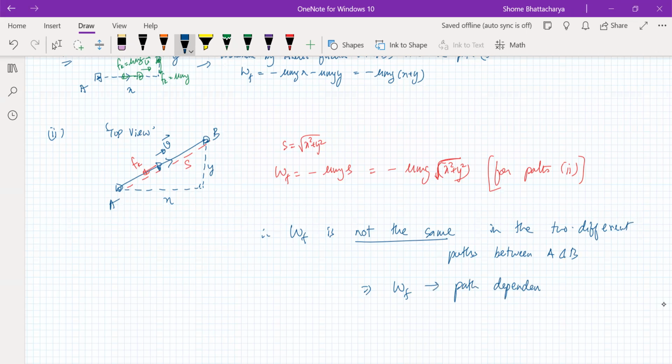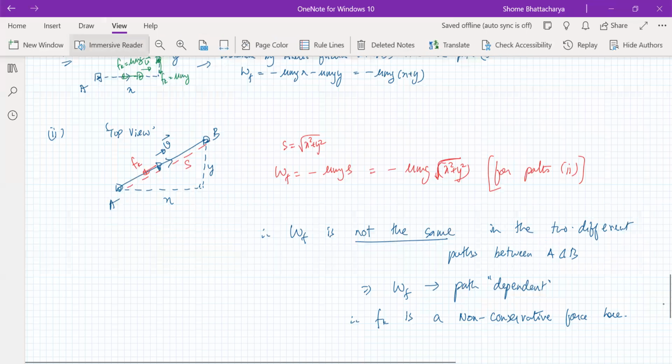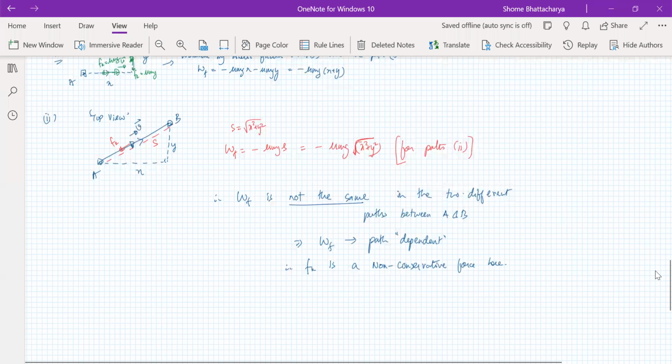It is not independent of the path, but rather depends on the path. So kinetic friction is a non-conservative force here, because the work done by it depends on the actual path taken. Hope with these two examples, it is somewhat more clear what we mean by the earlier definition of conservative force.